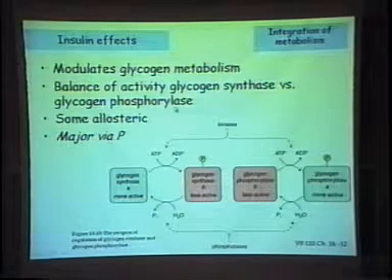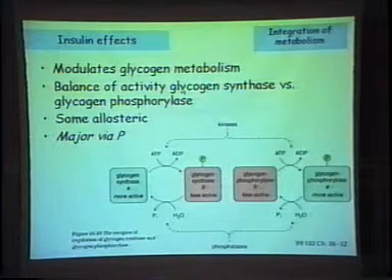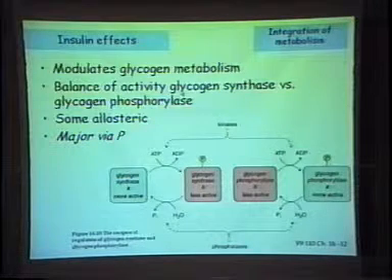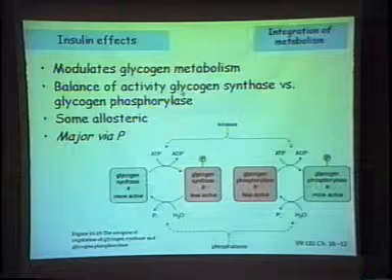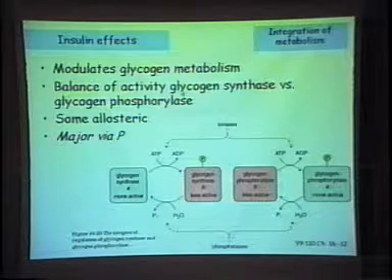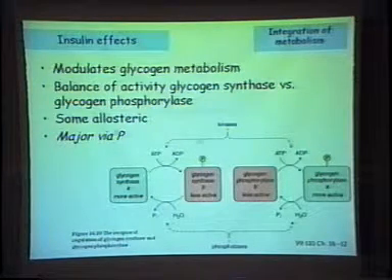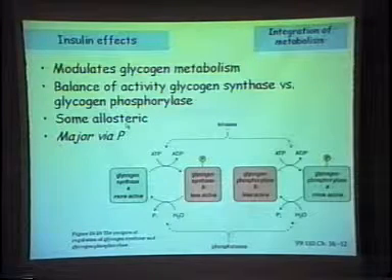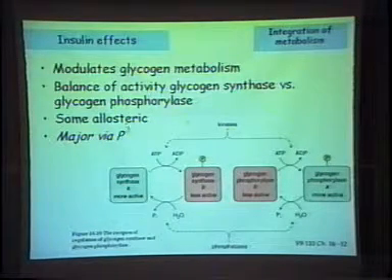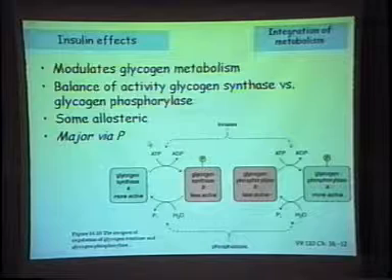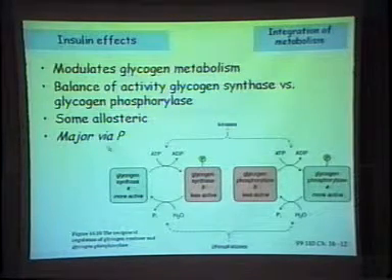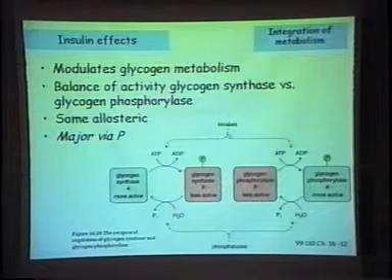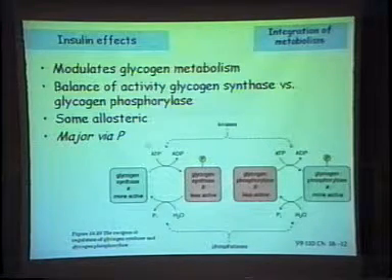And the balance of that, whether there's going to be net synthesis or net degradation, will depend on the relative activity of glycogen synthase and glycogen phosphorylase. We talked a little bit of some of the allosteric regulators back when we were doing that part of it, but I mentioned we were going to see another one later on. The largest changes in glycogen metabolism occur through phosphorylation that are stimulated by kinases under hormonal control.